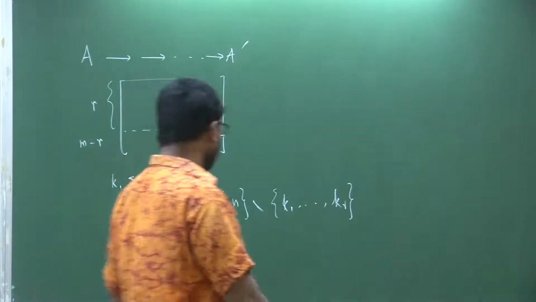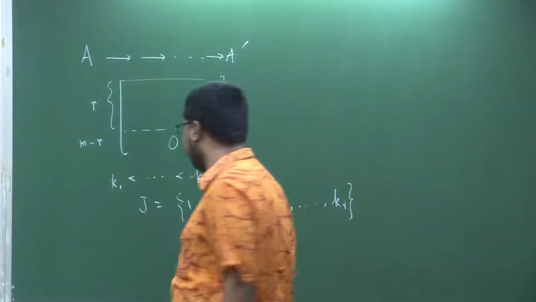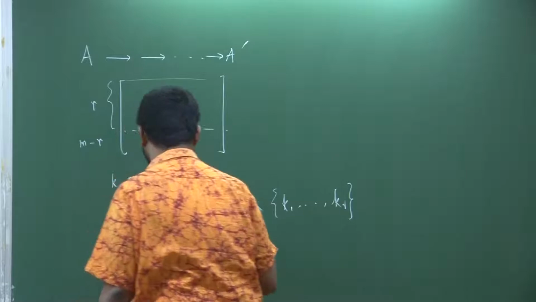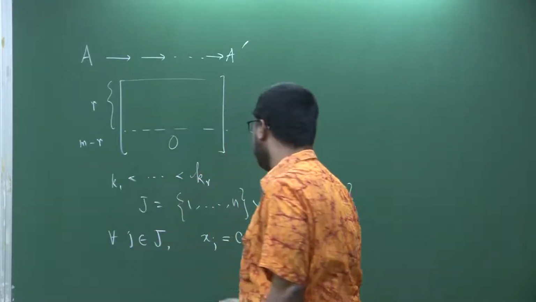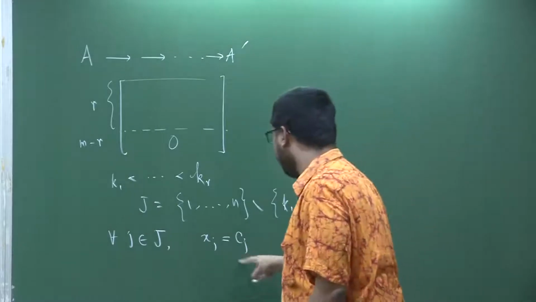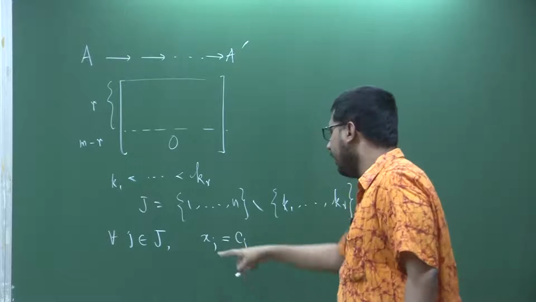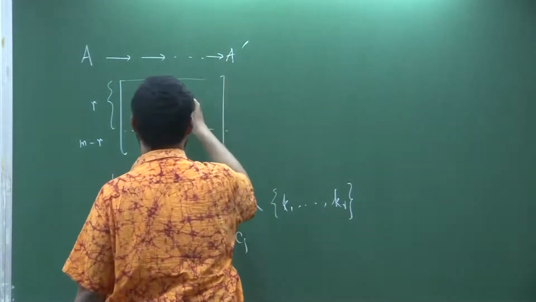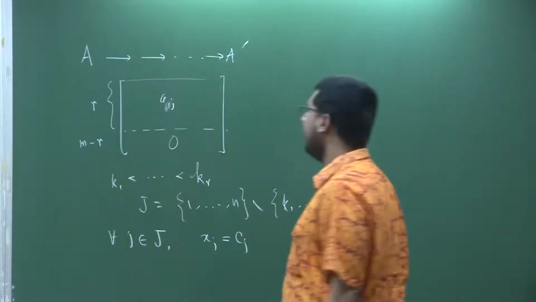Then how do we get all the solutions of this system? That is very easy. Corresponding to each j in J, we assign the value Cj to the variable xj. Let us also assume that a typical entry of A prime is aij.